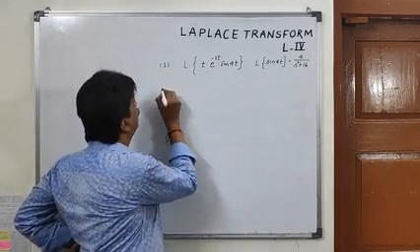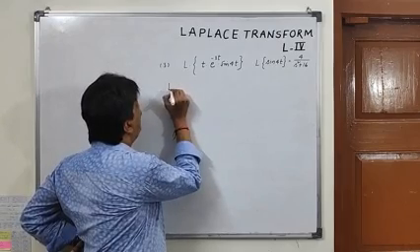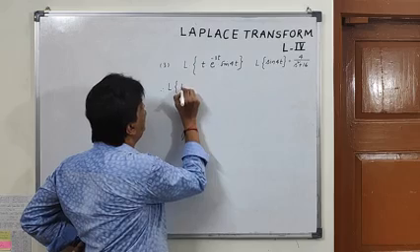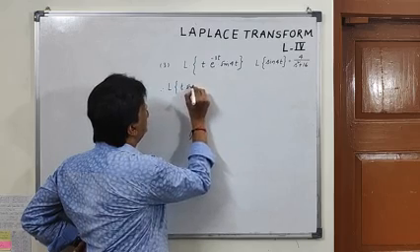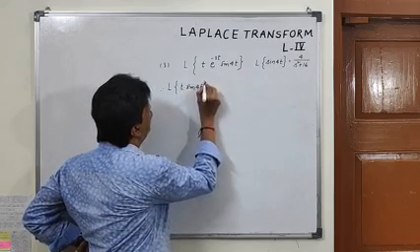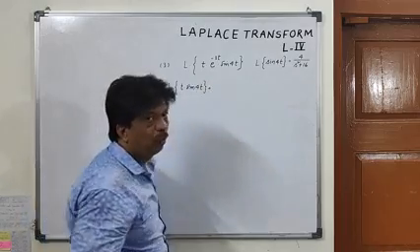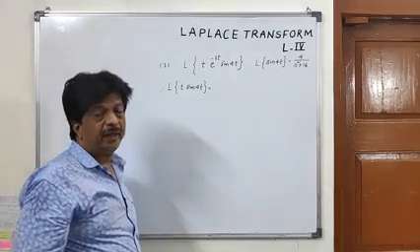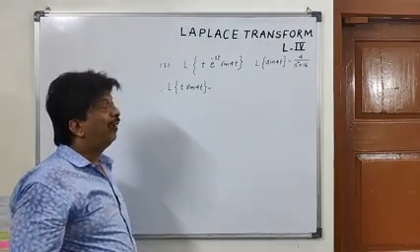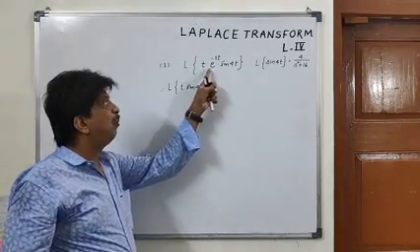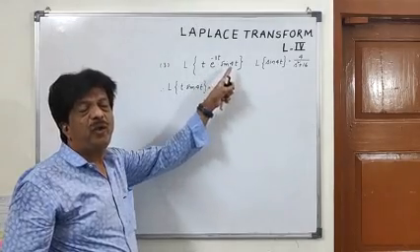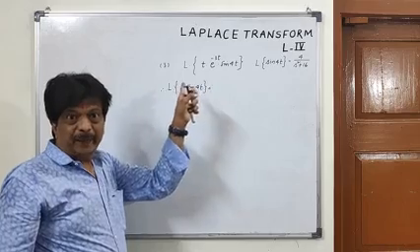Therefore, the Laplace transform of t into sine of 4t. Now see here, I am not finding the Laplace transform of e raised to power minus 3t into sine 4t at this step.